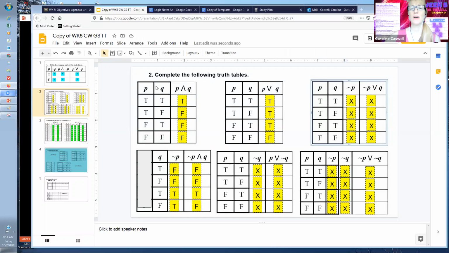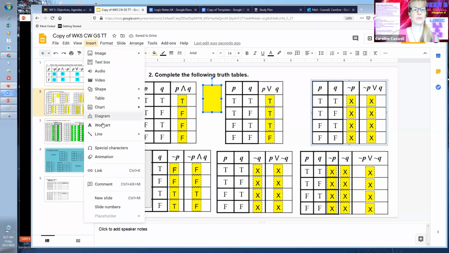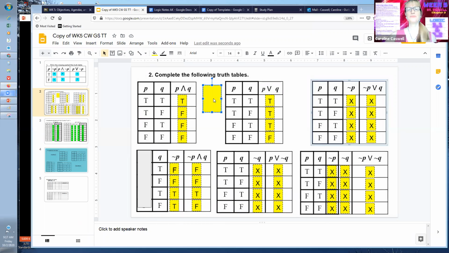Here's what I would tell you. I would find a way to highlight these two. I'm going to insert a text box, and a special character, there it is.